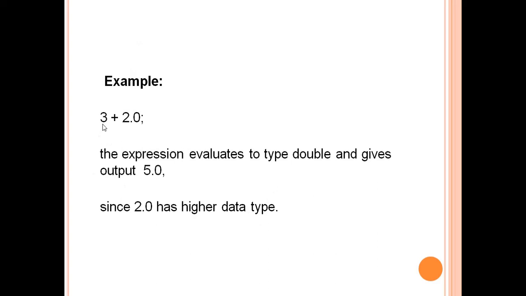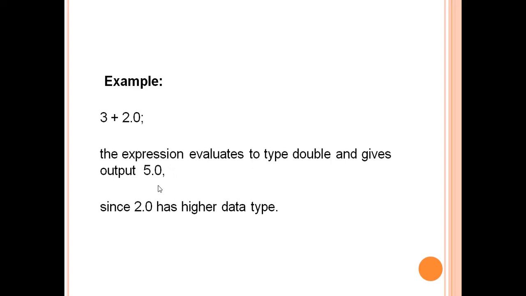If you consider 3 plus 2.0, this is the double value, and this is the integer value. Among the integer and double, double is the higher data type. So the result of 3 plus 2.0 will be 5.0. Why? Because 2.0 is a double data type, so the result is also in double data type.